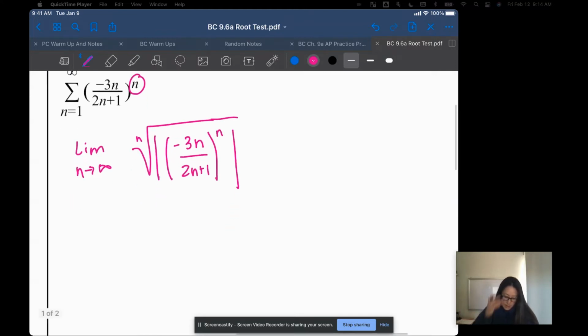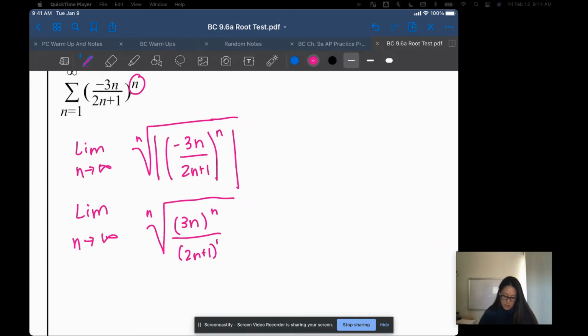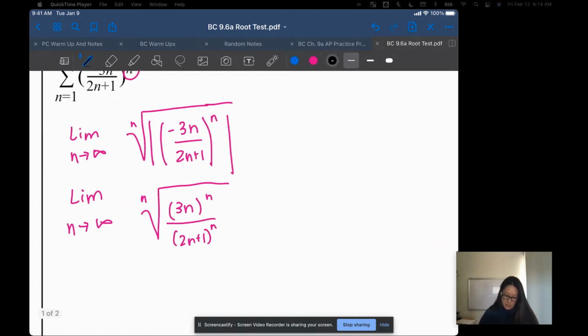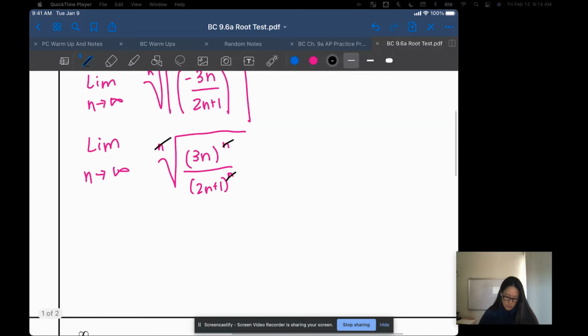And what the absolute value will do is make the inside part positive. So I'm going to write 3n to the n over 2n plus 1 to the n, and the n will cancel because of the root.